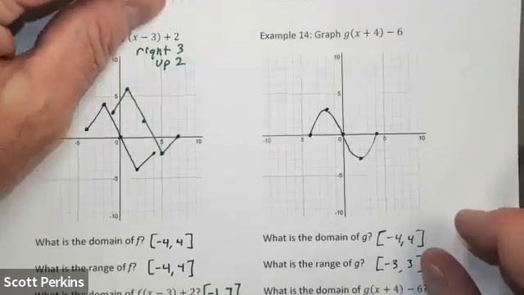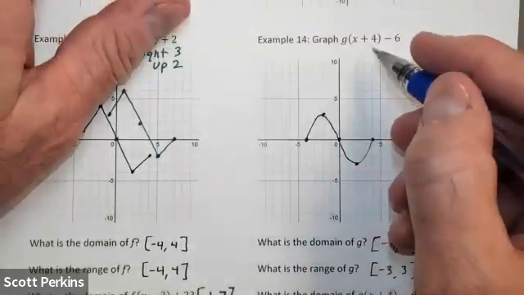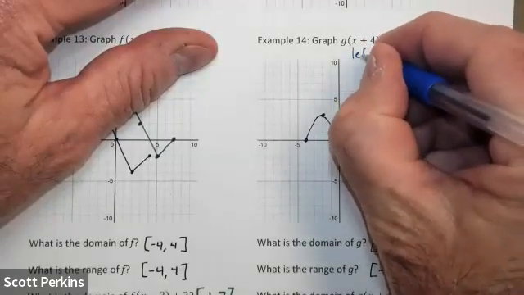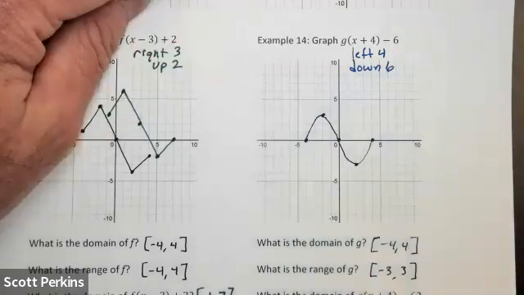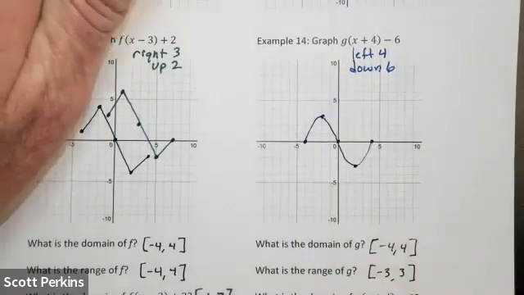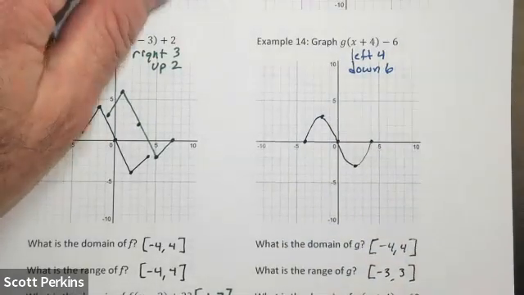All right, so I'm taking this graph, the x plus 4. I'm hoping everybody said, oh, that means we're going left 4 units. And then the minus 6 means we're going down 6. So we're going left 4, down 6 with each of the points of the graph.